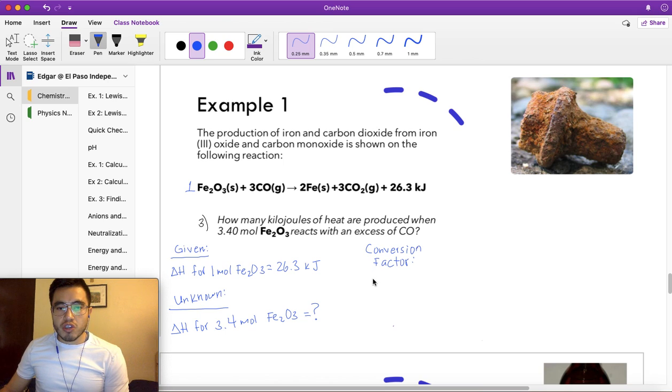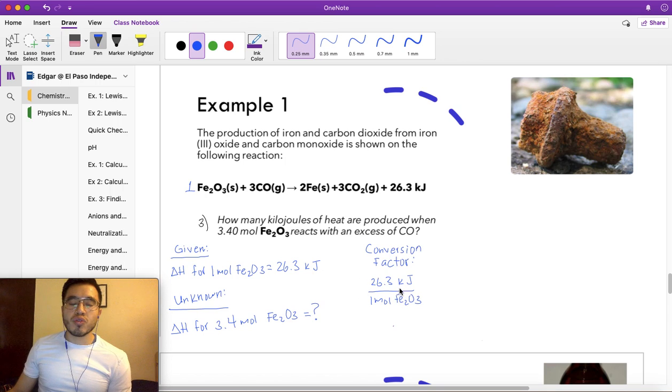So we write 26.3 kilojoules are produced when 1 mole of rust reacts with carbon monoxide. We turn this into a ratio. Delta H on top, moles on bottom. I'm going to say that again. Delta H goes on top and then moles on the bottom, okay?